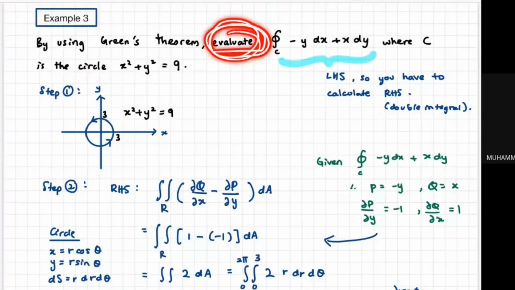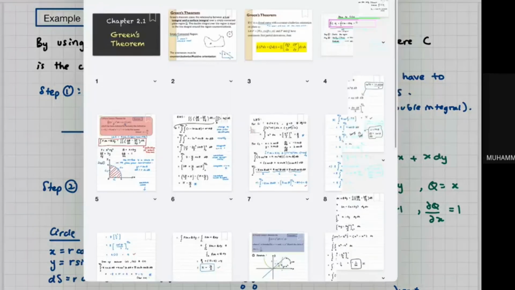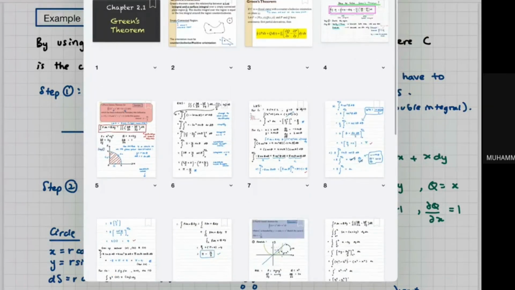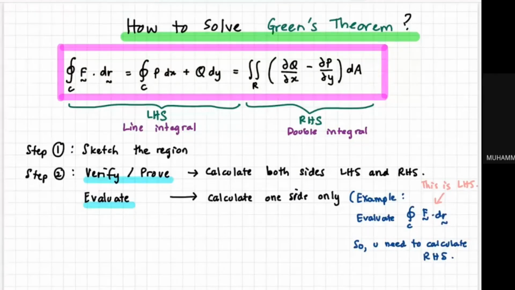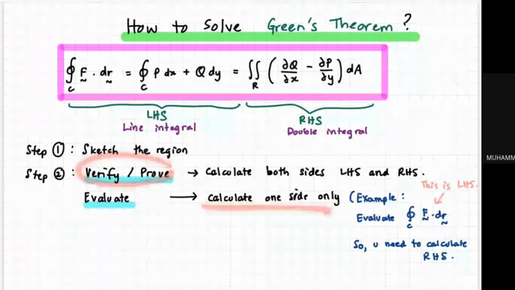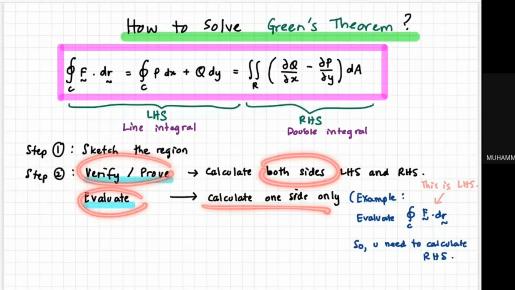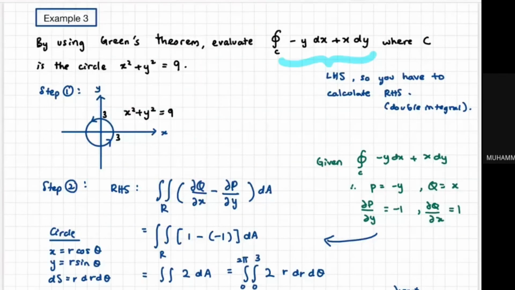If the keyword is evaluate, you can just calculate one side only. Verify and prove, you have to show both sides. Evaluate only one side. Step number 1 is to draw or sketch your region.